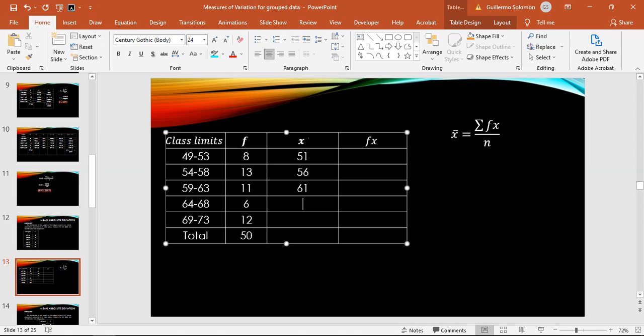So 64 plus 68 divided by 2, that is 66. Okay. 69 plus 73 divided by 2, that is 71. Okay, yun yung last natin. And yung sample natin is n is equal to 50.